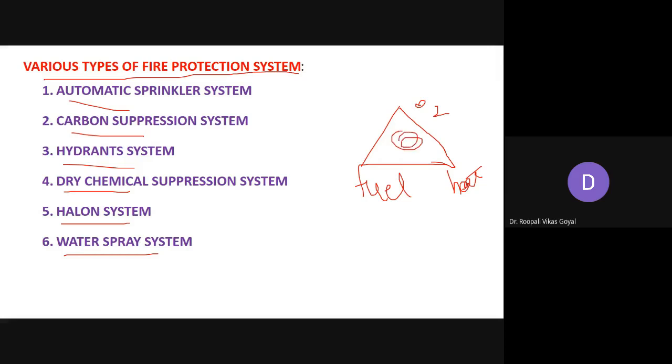OK, that is a continuous chain reaction. So if you want to extinguish the fire, then our main purpose is to suppress anything. ऑक्सीजन कम करना चाहेंगे या फ्यूल कम करना चाहेंगे, या फिर हीट इग्निशन पॉइंट को आप इफेक्ट करेंगे with the water, या चेन रिएक्शन तोड़ेंगे, then you can extinguish the fire. So any of the mechanisms that is used in any of the systems. In which system, which extinguishing mechanism that we are using, that we will discuss.